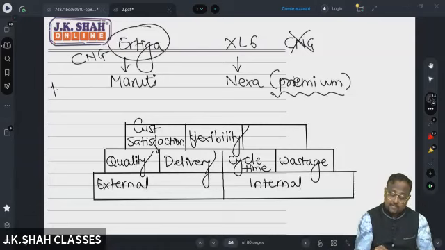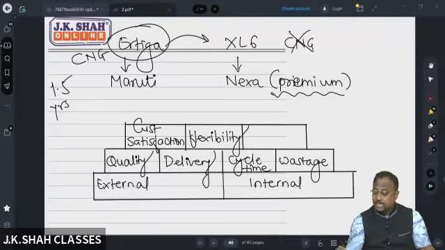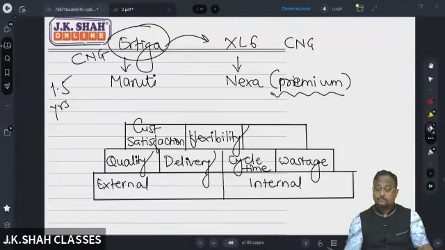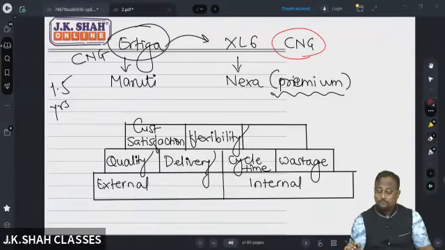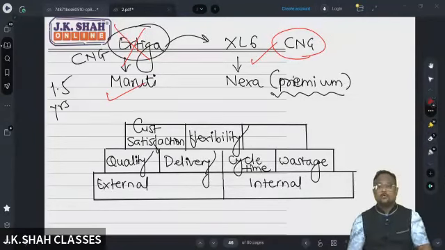लेकिन अर्टिगा का डिमांड जैसे ही 1.5 इयर्स 2 इयर्स तक पहुंचने लगा, दे इंट्रोड्यूस्ड CNG वर्जन ऑफ XL6, कि चल अर्टिगा नहीं तो XL6 खरीद, लेकिन फायदा तो मेरा ही होगा.